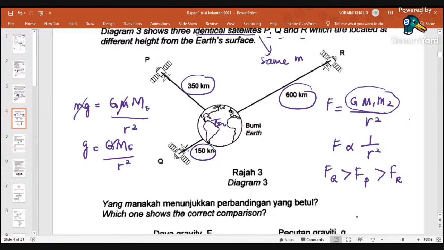So this one is constant. The value of g is also inversely proportional to r squared. Thus, gQ is more than gP, more than gR.